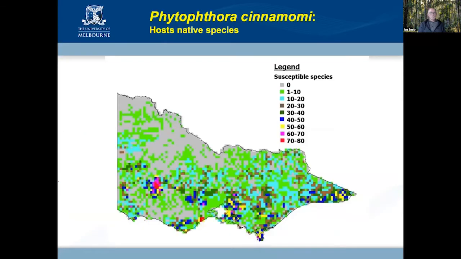When we look at the native host species across Victoria, you can see that the high populations of native species that are susceptible to it occur in the Grampians, the areas down towards the Brisbane Ranges here, the Otways, Wilson's Prom, East Gippsland, and there are sections up here at Kinglake as well.